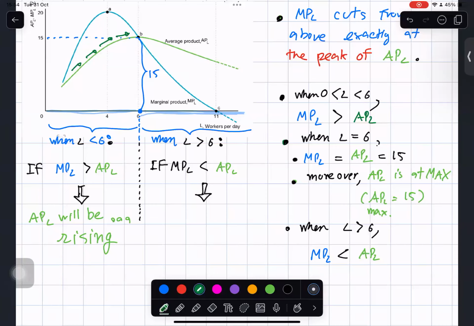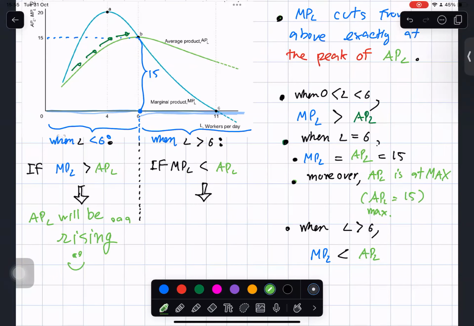When marginal product, the extra cookies delivered by the extra worker, is greater than the current average, labor productivity will increase. Labor will become more productive. Output per worker will be increasing. Good news for the firms. When AP is rising, labor becomes more productive. And the message is here: labor becomes more and more productive.